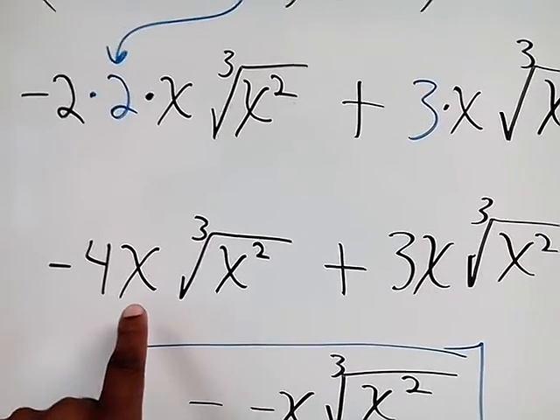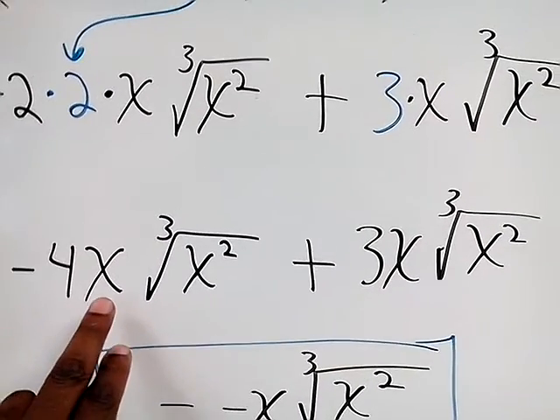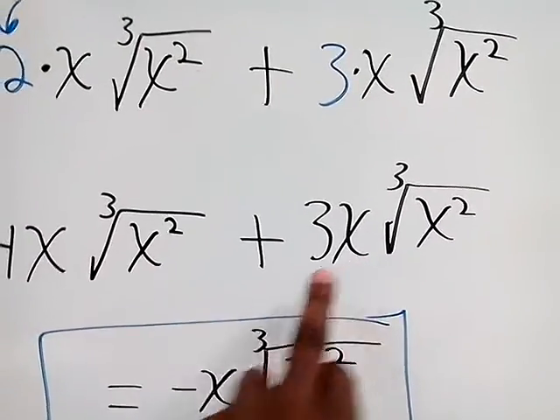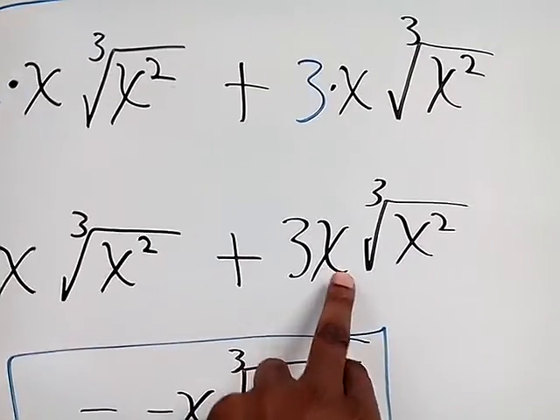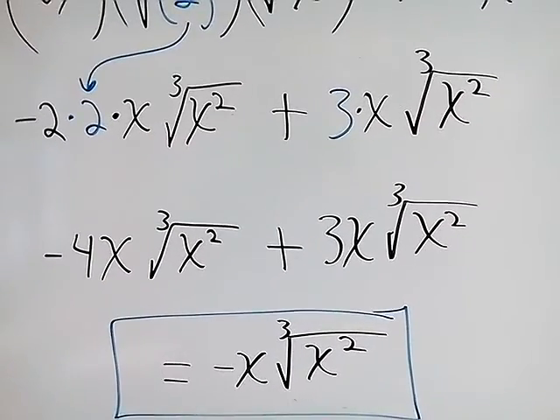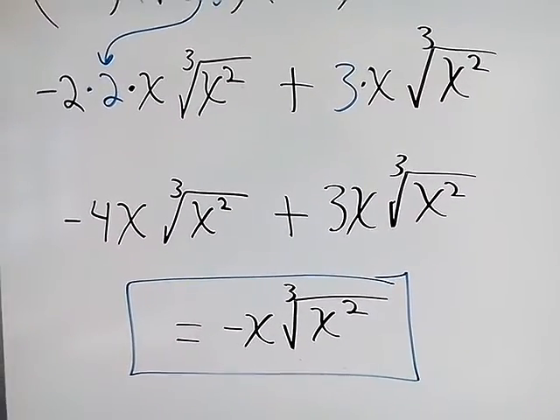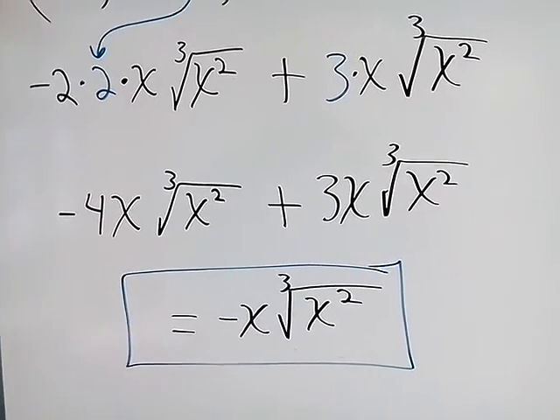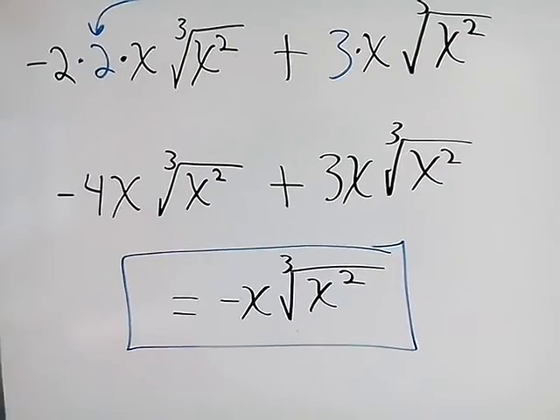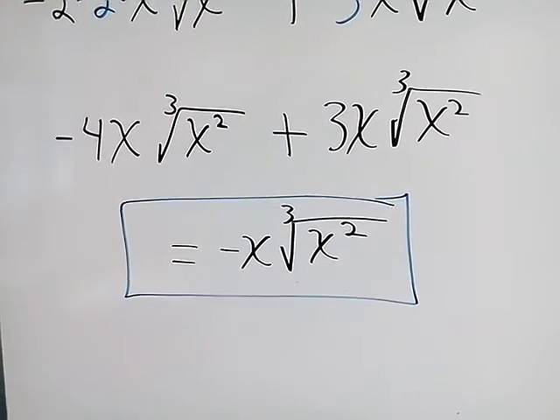And as far as variables are concerned, we have to have the like variables in order to combine like terms. So given that all of those things are in place, we can do our adding, negative 4x plus 3x, and keep the radical like it is. So our final result.